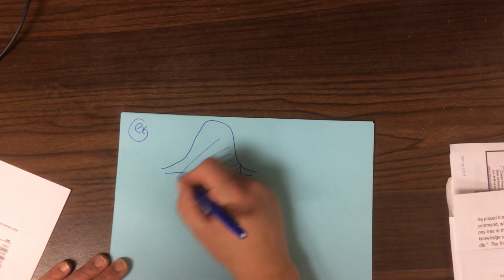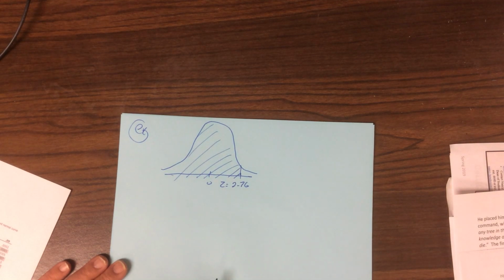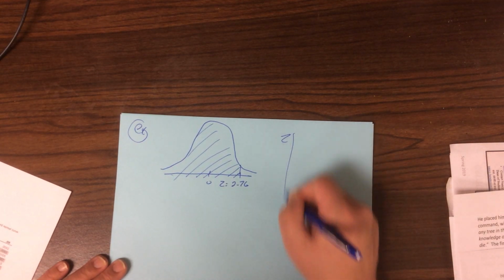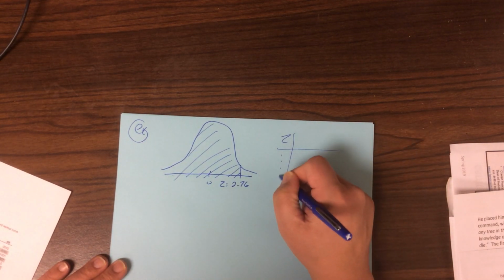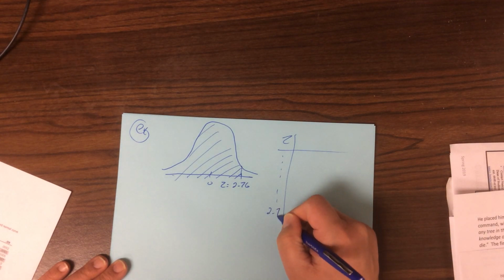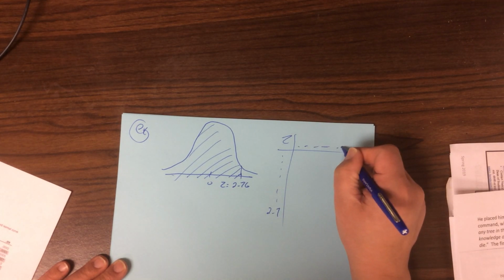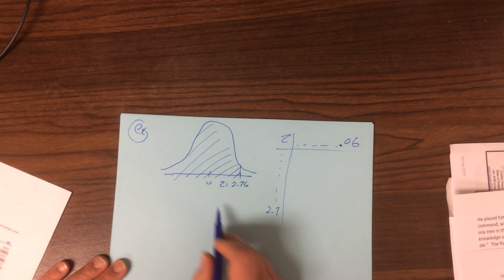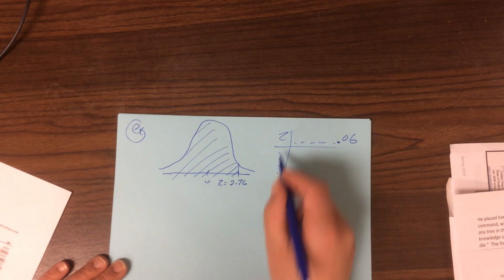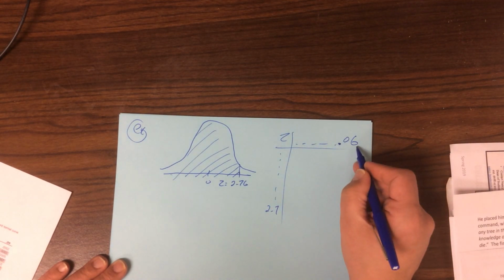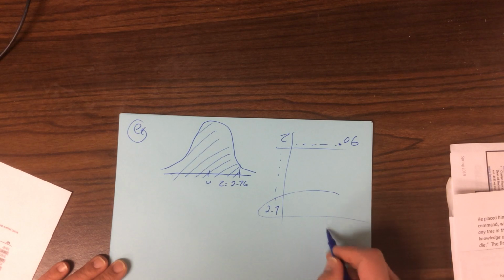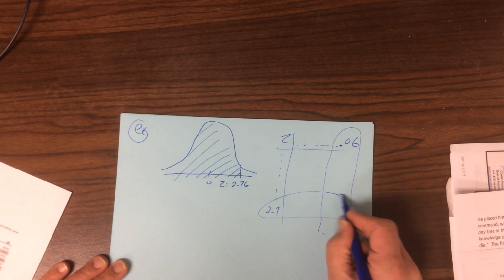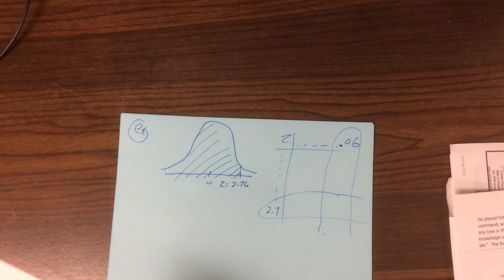And I want this area here, okay? So what do I do? I'm going to go look up 2.7, and go over to 0.06. The ones and the tens place I look up here. The hundredths place I look up there. Where these two intersect will give me the area below that.